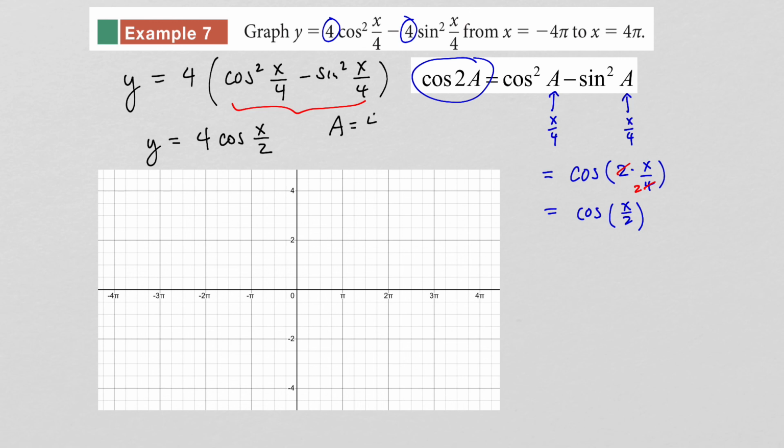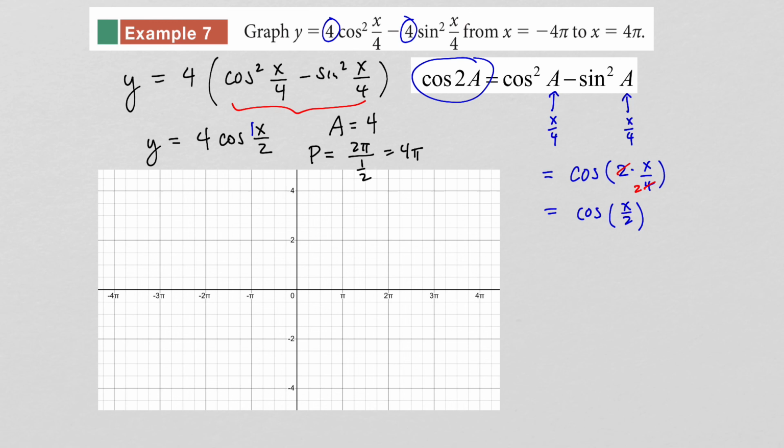We know the amplitude is 4, and we know the period here is 2 pi divided by the number in front of x. Now the number in front of x is 1/2. So 2 pi divided by 1/2 is 4 pi. And so what we're graphing here is a cosine graph. Amplitude is 4, period is 4 pi.